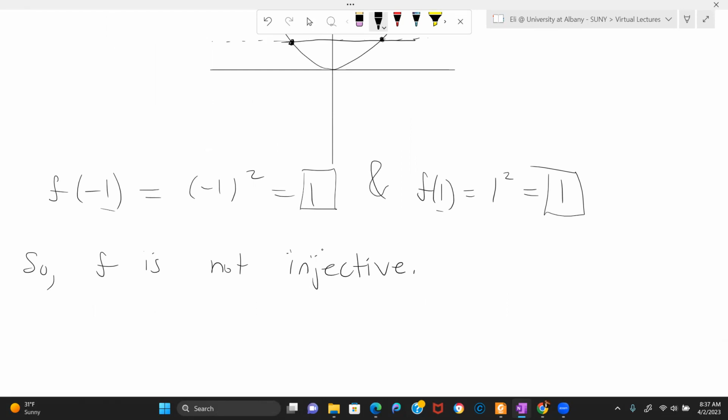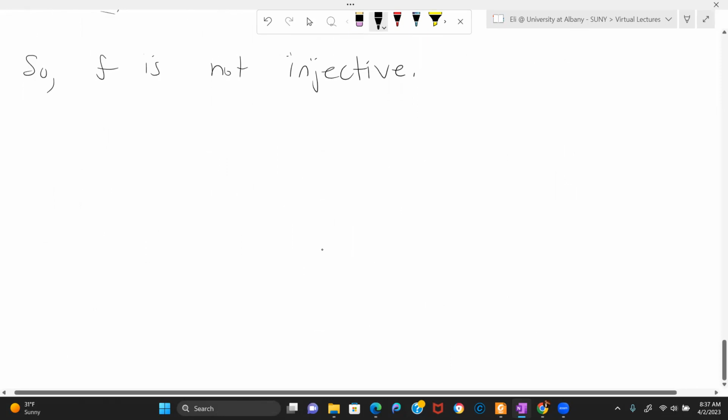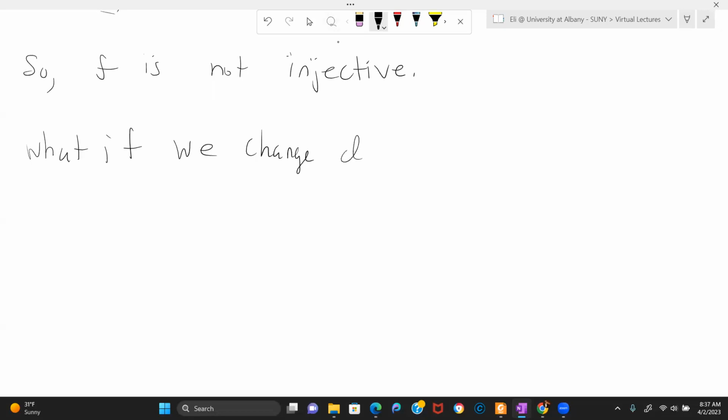And these are two ways to see it. Now, what if we change the domain? What if now f of x is a function from 0 to infinity to the real numbers, and it's still the same rule?